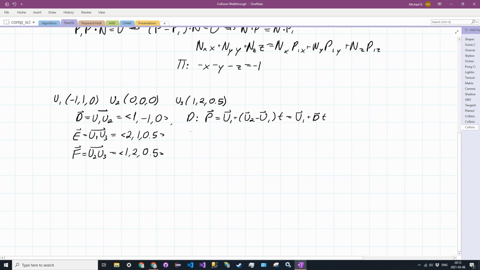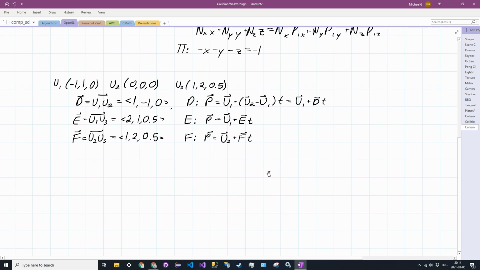And then similarly, for E, the line going through this is going to be a general point equal to U1 plus E times T. And then F is going to be the general point equal to the starting point U2 plus F times T, a parameter.